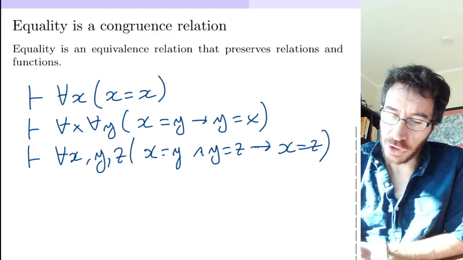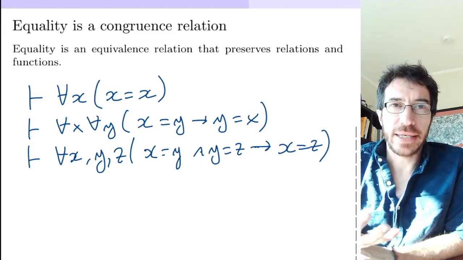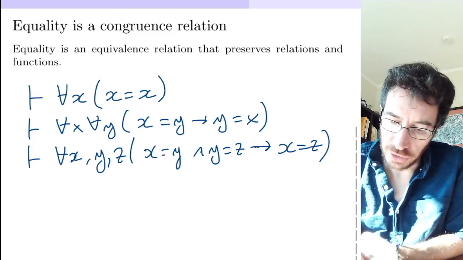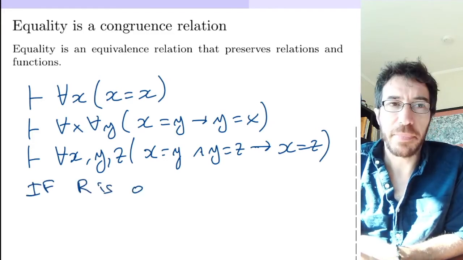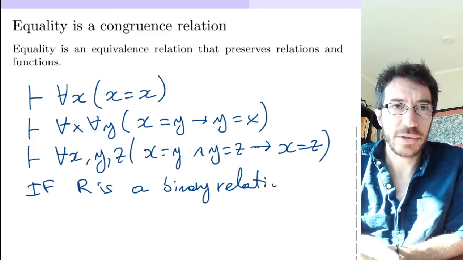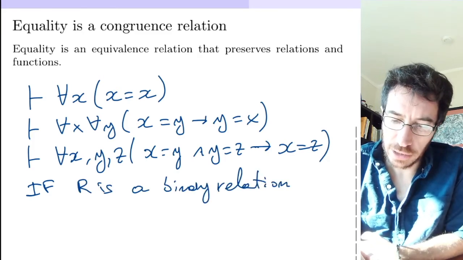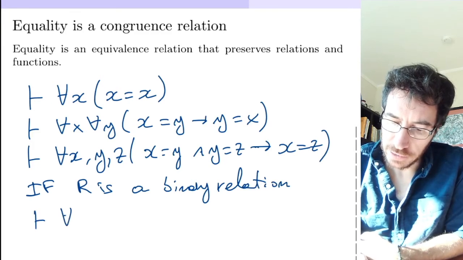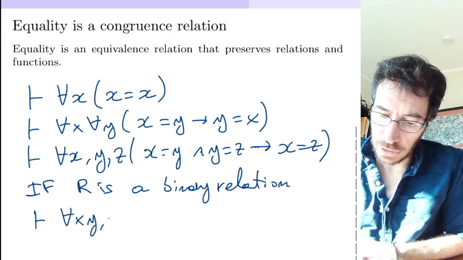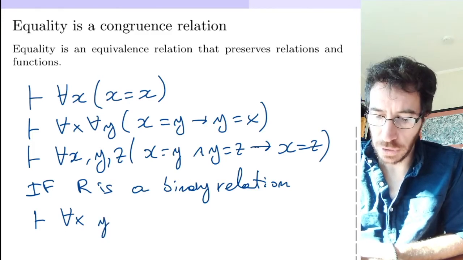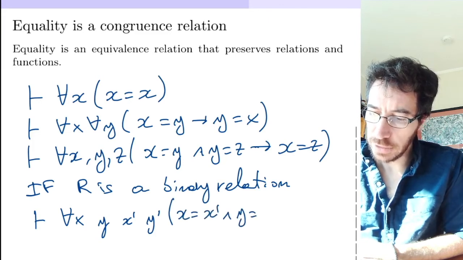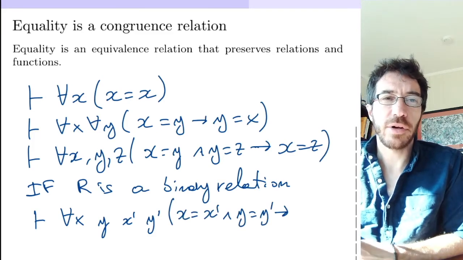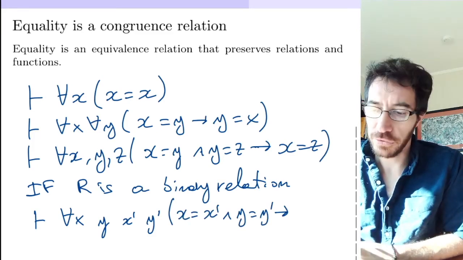And congruence means that it preserves the structure in a sense. So if, let's say, R is a binary relation, just to simplify, but you can do it for an n-ary relation the same way, you can show that for every x, y, x prime, and y prime, if x equals x prime and y equals y prime, then the relation holds of x and y if and only if it holds of x prime and y prime.